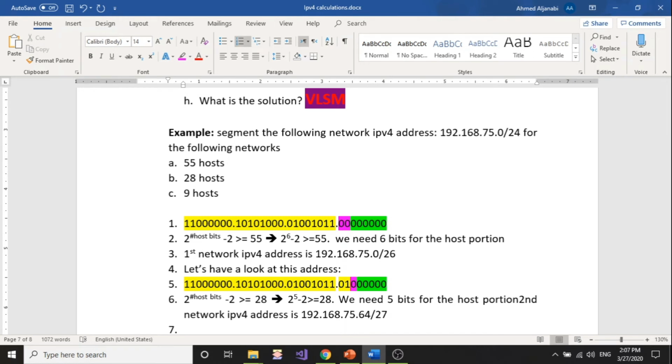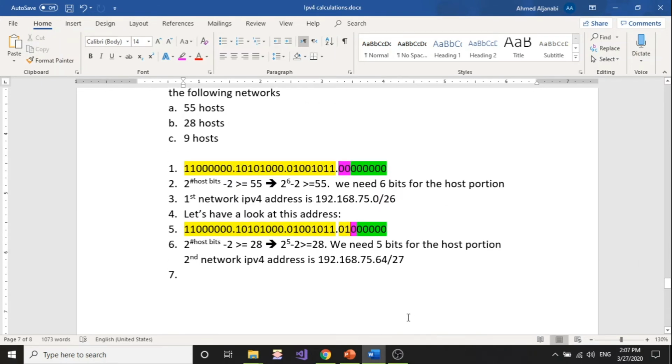And that's basically the second. Let me just type it here. Okay, I see what's going on here. The second network IPv4 address is basically this number here.